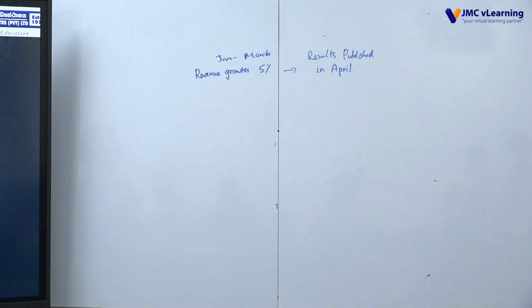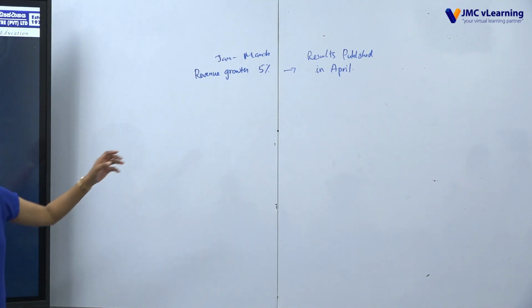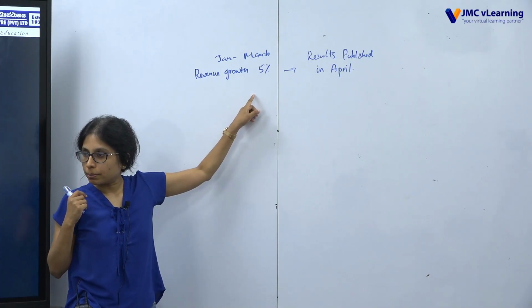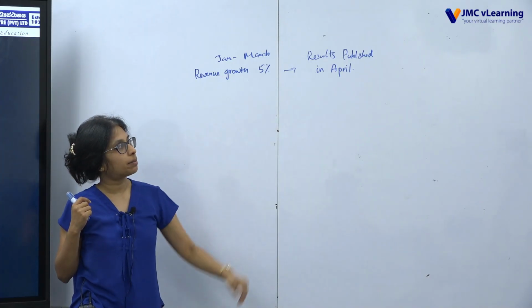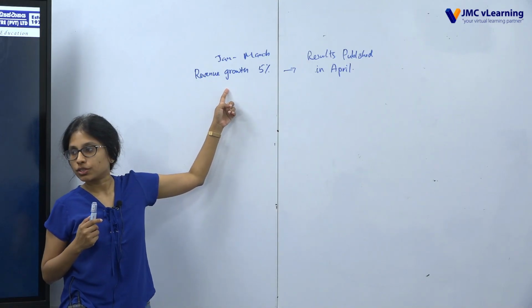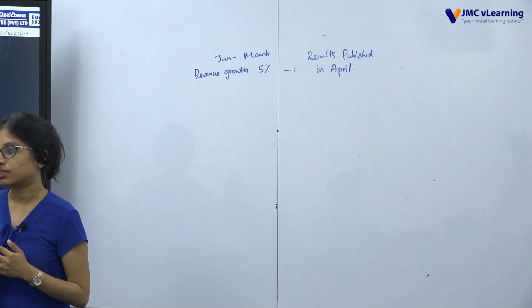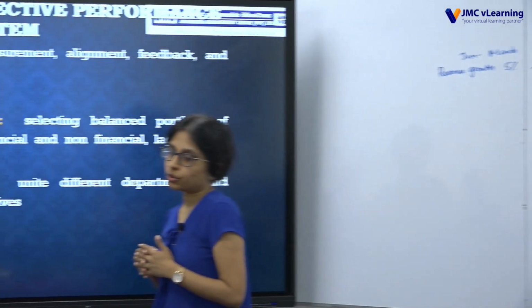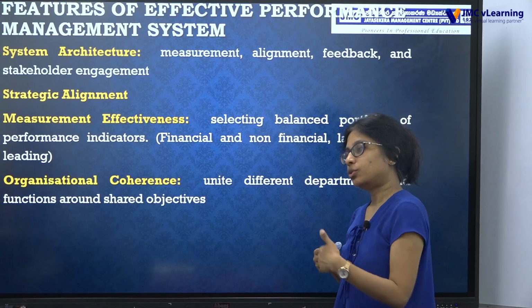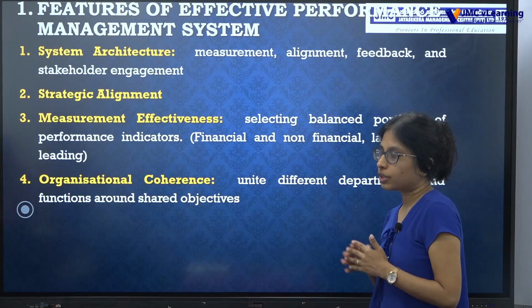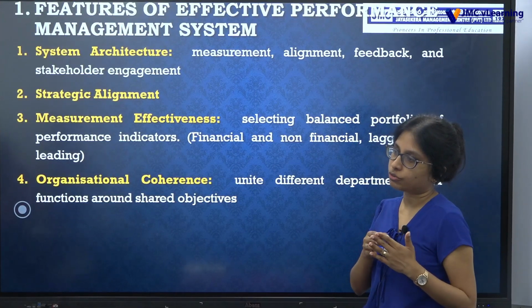Let's say you are reporting revenue growth from Jan to March, revenue growth of 5%. You are publishing your statements in April. So they are giving you information which is lagging, which is late. They just confirm that there is revenue growth, and then you can't do anything about it. You can do something about it in the next quarter. Those are not real-time information, those are historical information.